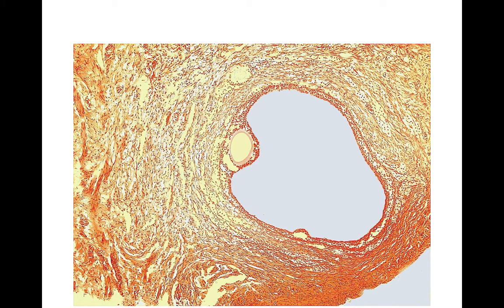He wasn't the first person to come across the Graafian follicle, but he was the first person to describe the development of follicles during the cycle. He actually did it on rabbits, though, not on humans.